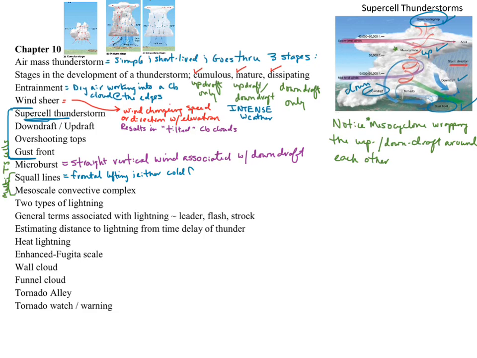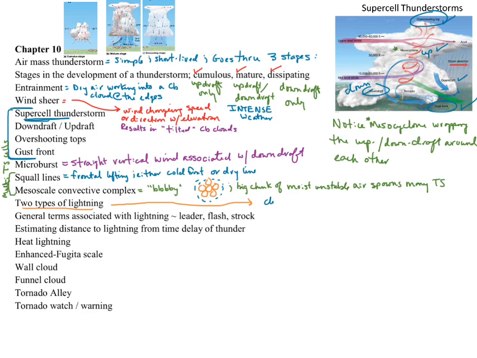In the squall line, you have frontal lifting from a cold front or dry line. In a mesoscale convective complex, you have thunderstorm cells that are kind of blobby. Mesoscale convective complexes basically need a big chunk of moist air that's unstable, and you have many thunderstorms spawn within it.